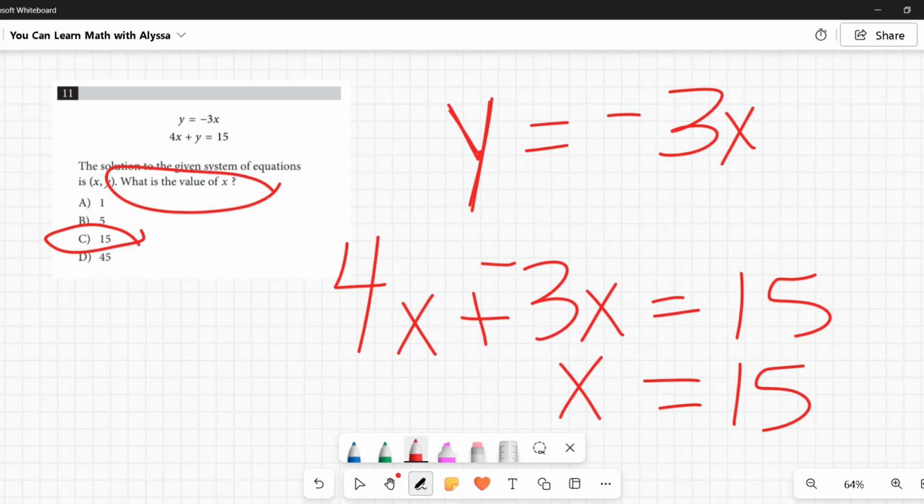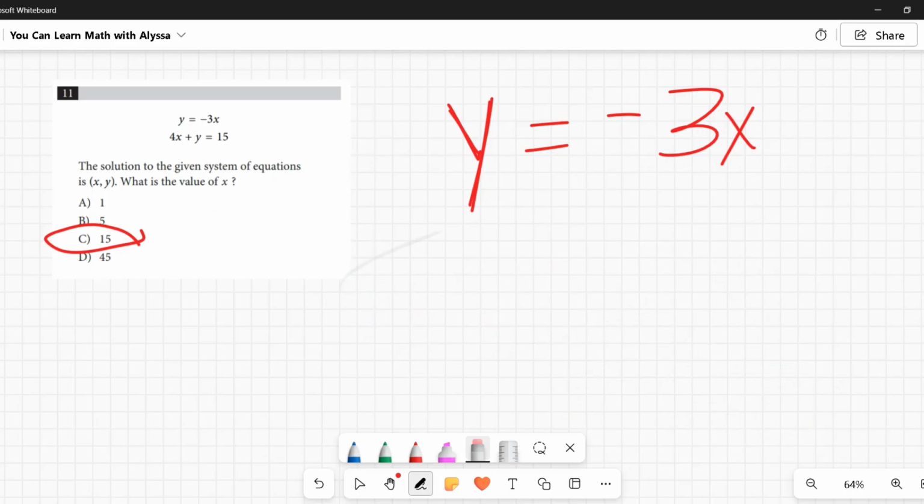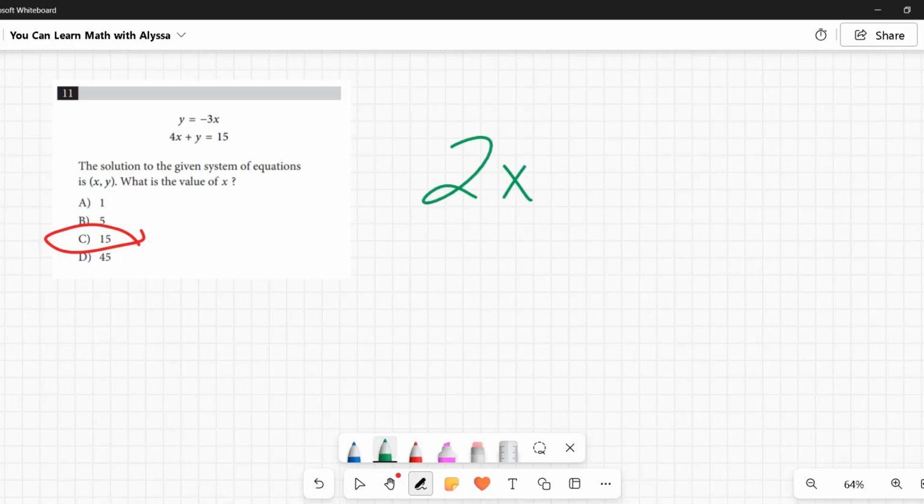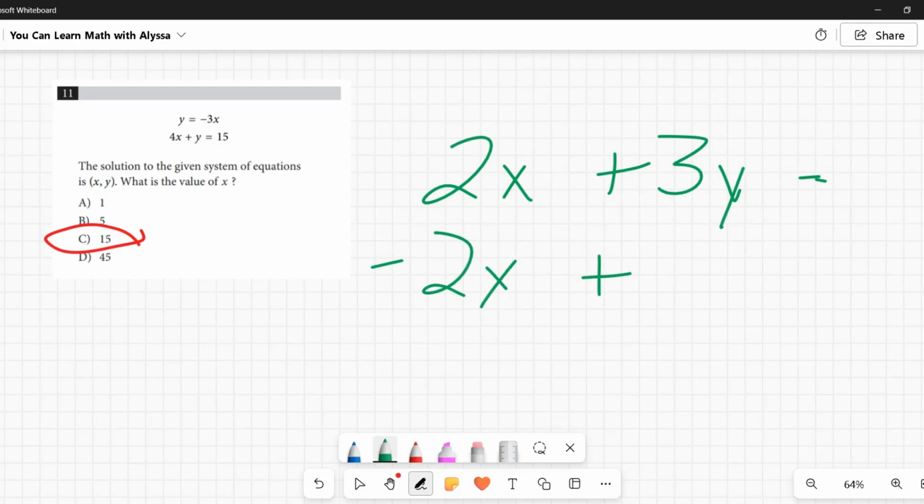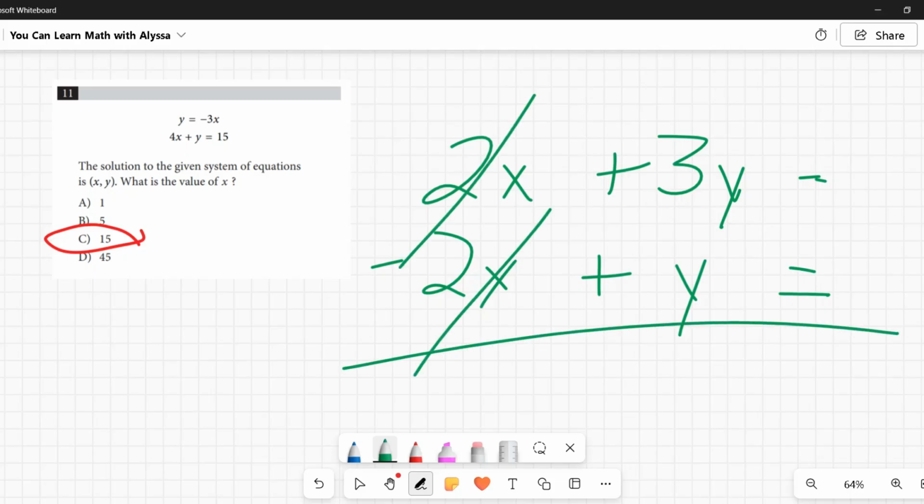So again, when they've already solved for an x or a y, take a second and see if it's going to be fairly simple or time-saving to do it by substitution. Also, see if elimination might be a good choice. Sometimes when you line it up, say you have 2x plus 3y equals something and negative 2x plus y equals something, you go, wait a minute, it's already set up, those will cancel out.